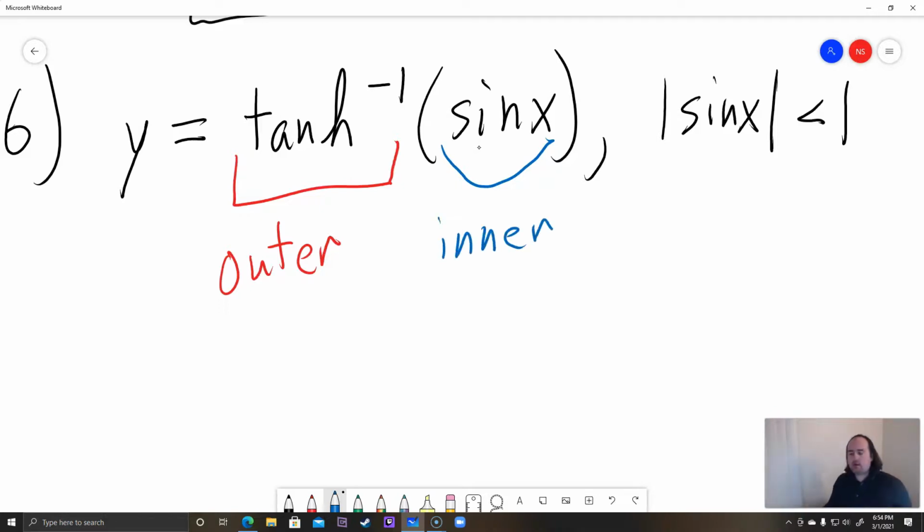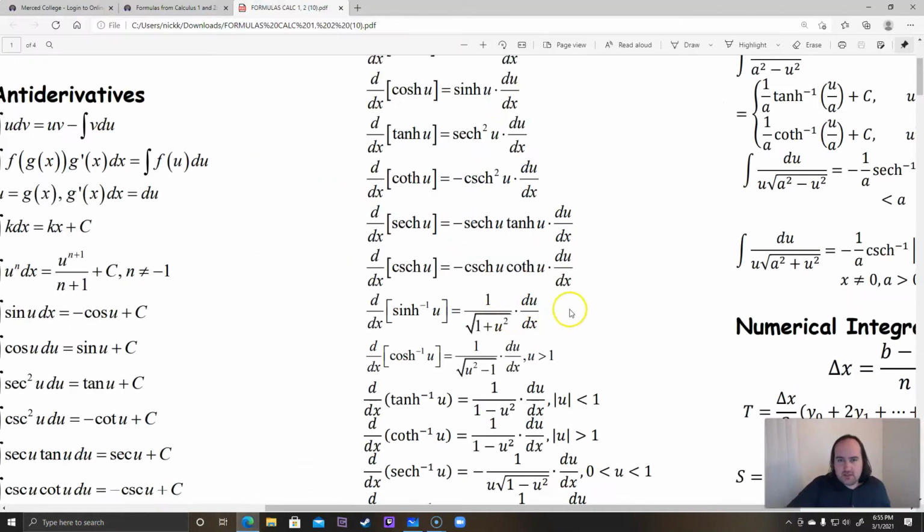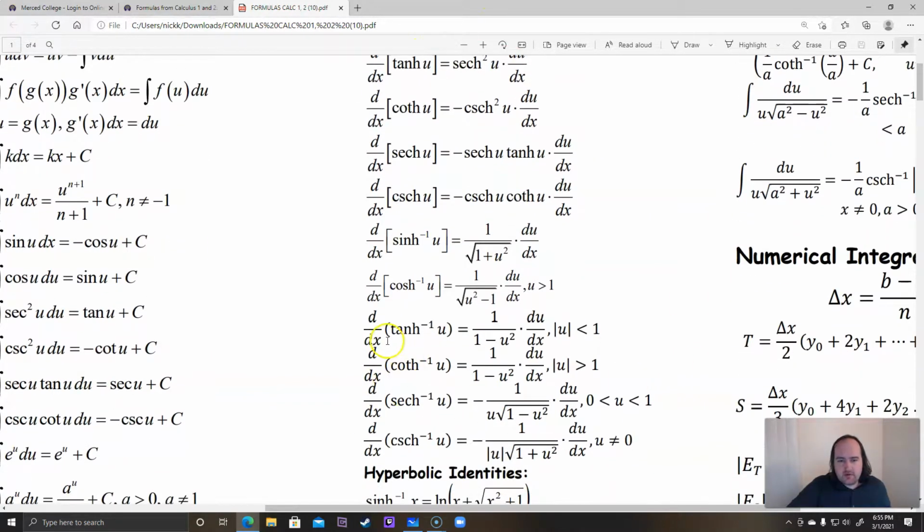So what we want to do here is use the chain rule, taking the derivative of the outer function, inner left alone, times the derivative of the inner function. So dy dx is going to be the derivative of tangent inverse, which of course the easiest way to do that is to look at your formula sheet on the first page under hyperbolic functions and look for d dx of tangent inverse of u, which says is 1 over 1 minus u squared times du dx.